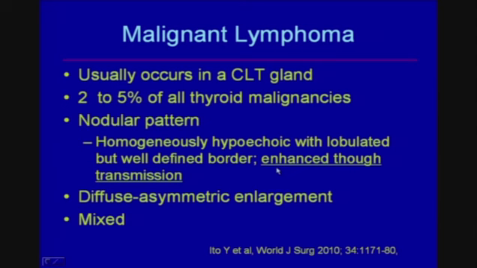Just like lymphoma elsewhere in the body, it's sheets and sheets of lymphocytes without a lot of acoustic interfaces, providing a very robust acoustic medium and very little attenuation of the sound.